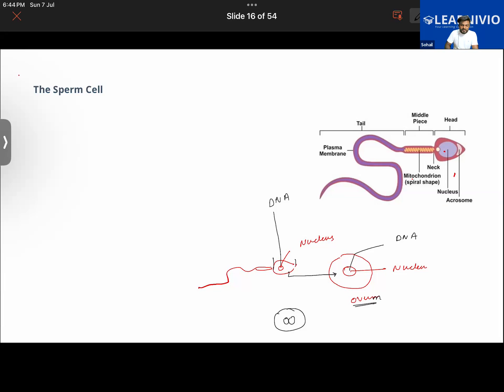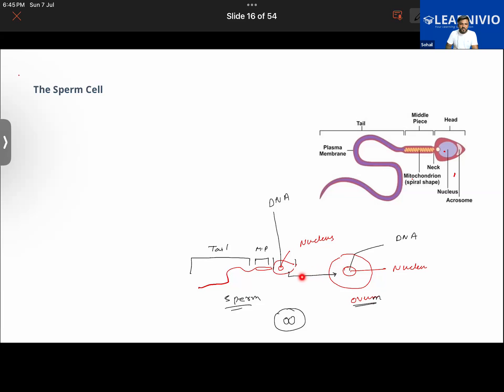When the fusion of the sperm cell and the ovum takes place, what happens? This is the middle piece, and this is the tail of the sperm. So this is left out. Only the head of the sperm enters inside the ovum. Got this so far?